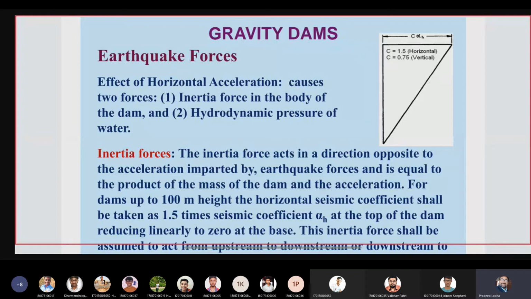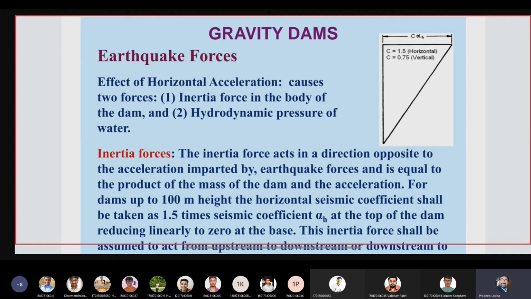This graph says that we take the coefficient C equal to 0 at the base, and at the top it is C alpha H. This is the height of the dam which we are considering, and the value of alpha H at the base is 0, increasing to C times alpha H.